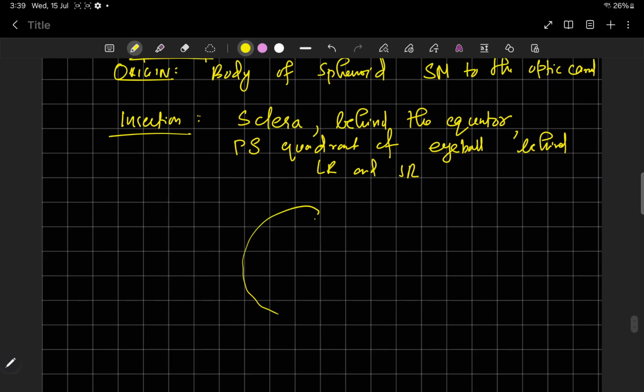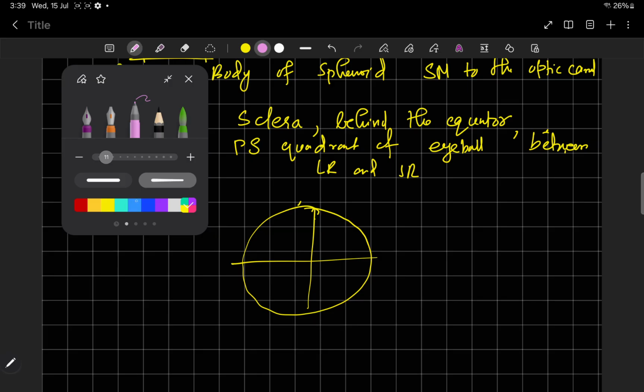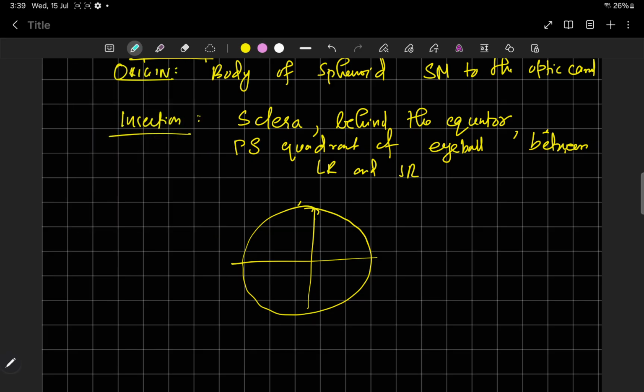So this is an eyeball. Sorry, it's not behind, between. So again, this is superior rectus. Here it's mentioned that it is inserted behind the equator, so it's a posterior view, and therefore this is lateral rectus and not the medial rectus.